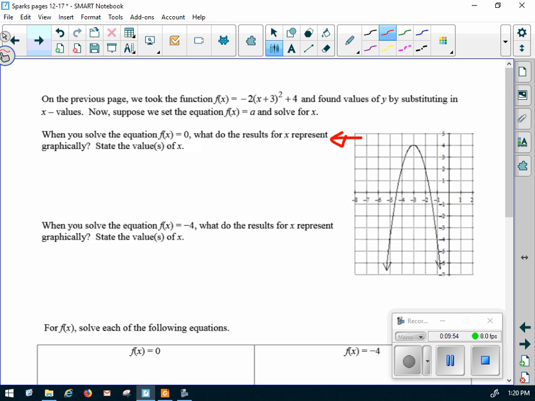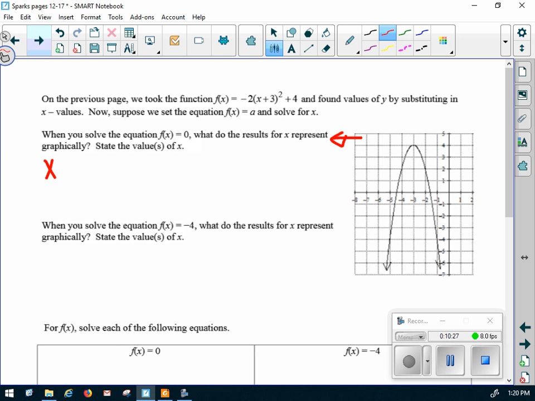When you solve an equation, f of x equals 0, what do the results mean graphically? When I solve this, I'm getting some x values, right? It's not vertical lines.